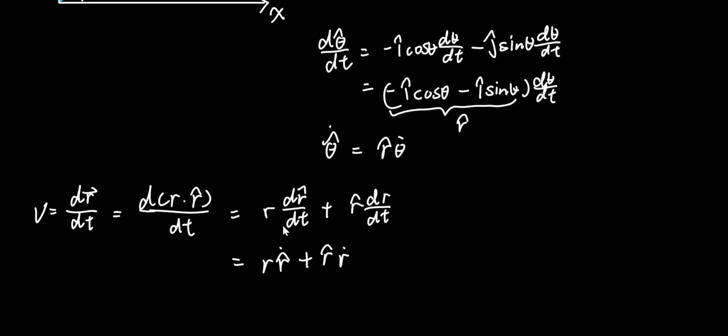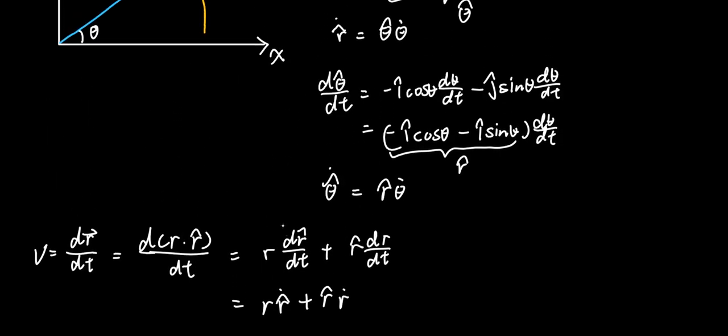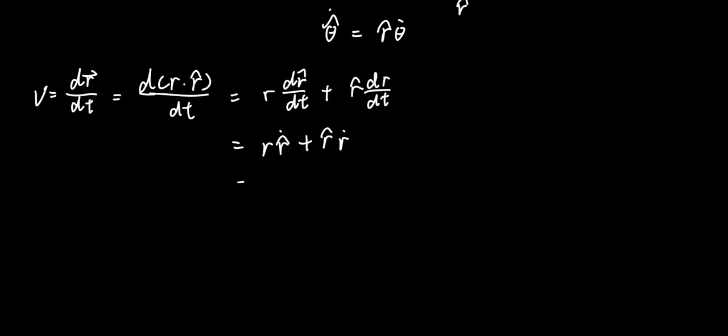According to the calculation before, we know that the derivative of r hat is theta hat times theta dot. So it can be rewritten as r times theta hat theta dot plus r hat r dot.